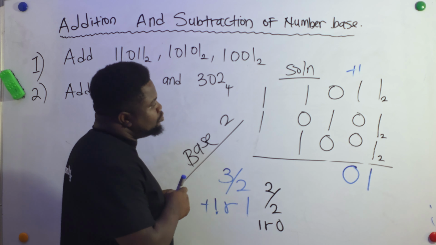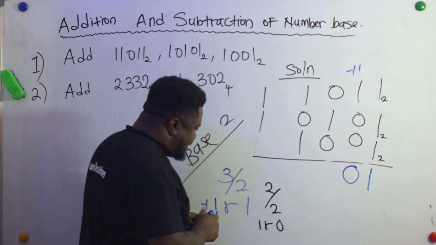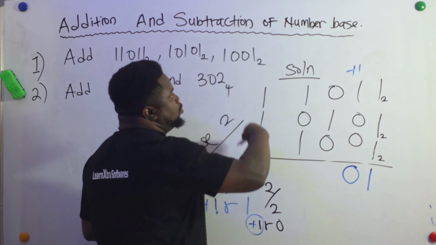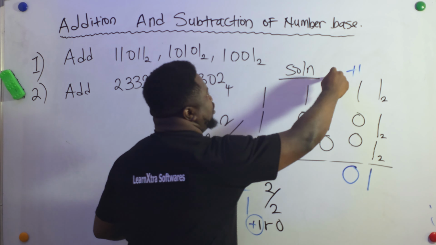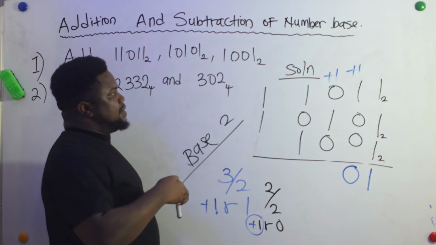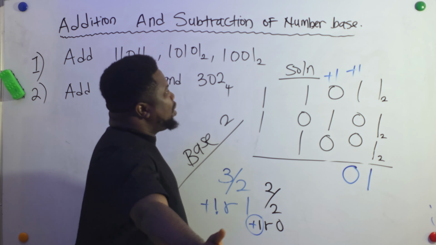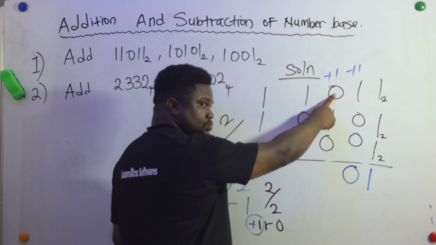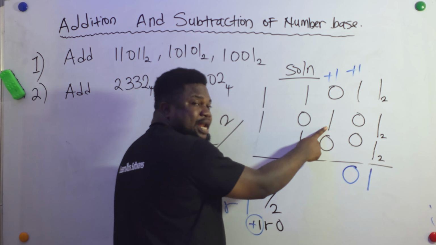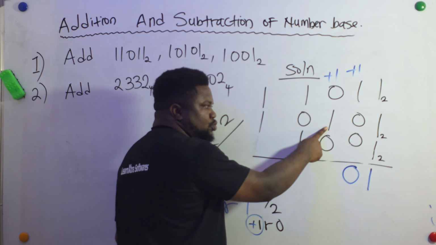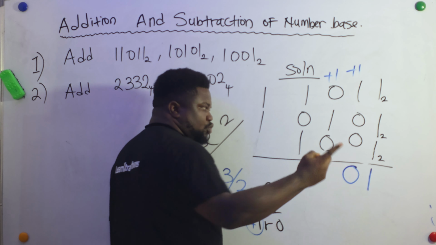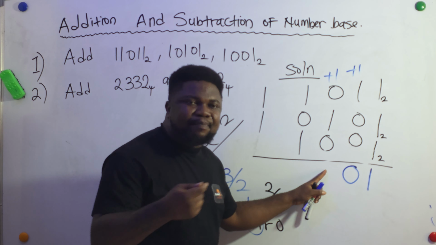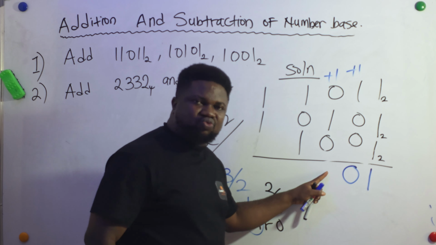Now, this one here is the one we will take to the next column. So our next column will also have plus 1 again. So we have 1 plus 0, 1 plus 1 again, 2 plus 0, 2. Do I put 2 here? No, I can't put 2 inside base 2.